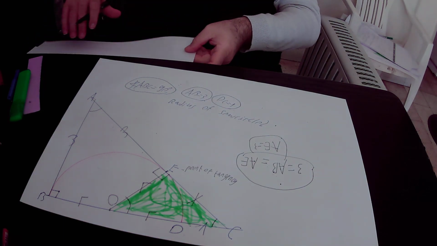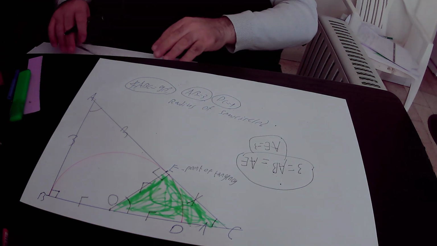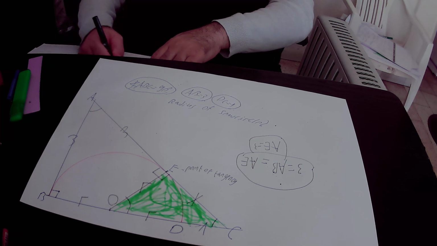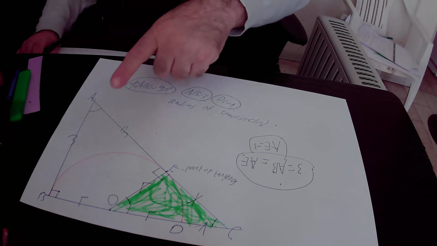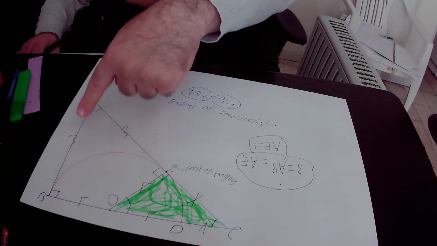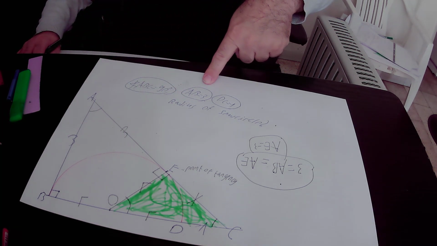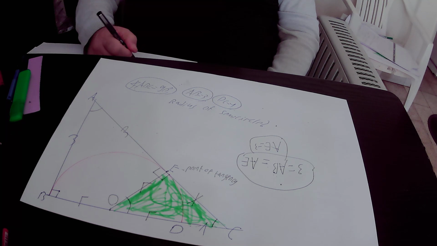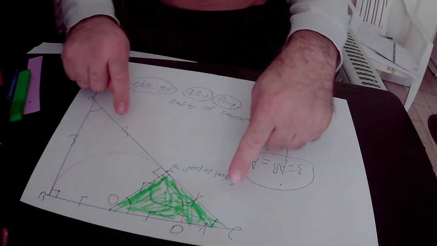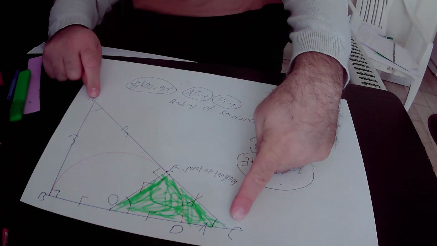But what is the value of AB? The value of AB is 3 units. It is given in the question that AB equals 3. What is the value of AC?